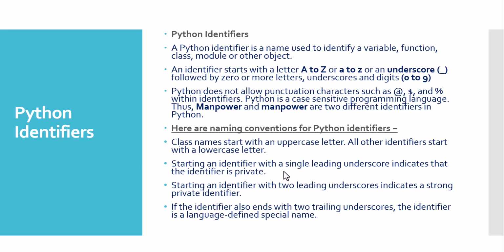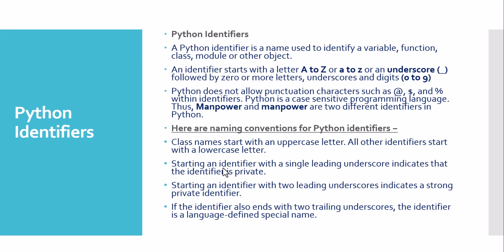Starting an identifier with a single leading underscore indicates that the identifier is private. It means if you start the identifier with a single underscore, then Python is going to understand it as private.